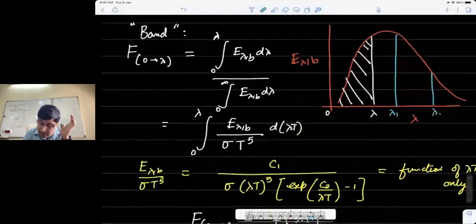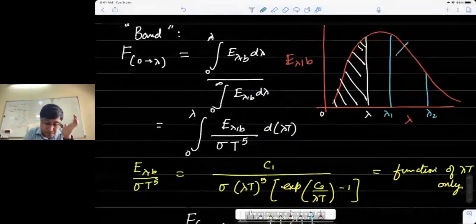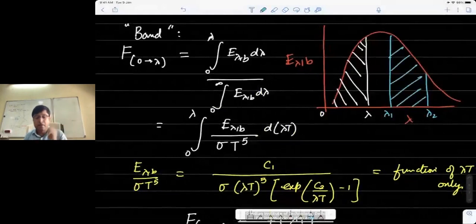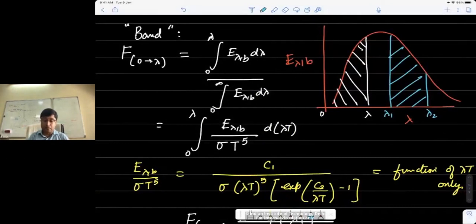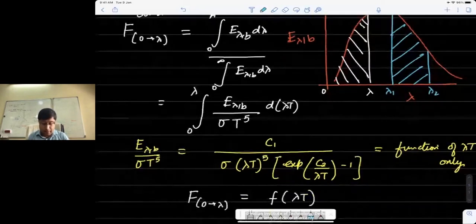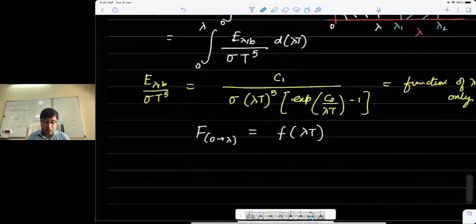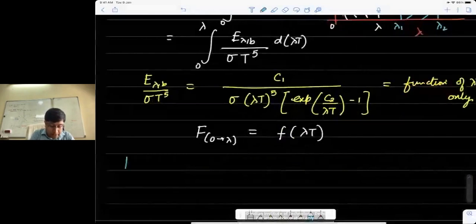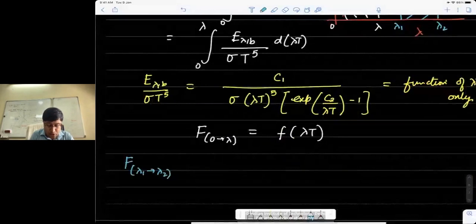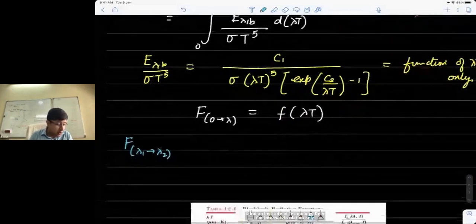We have lambda 1 here, lambda 2 here, and I'm interested in knowing how much emission is within this band between lambda 1 and lambda 2. This can also be done using the same idea. We can use F values here, because what I want to calculate is F from lambda 1 to lambda 2, which is of course not given directly at a given temperature.